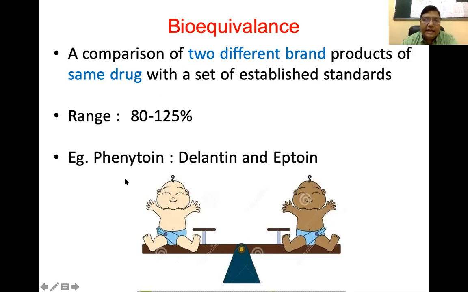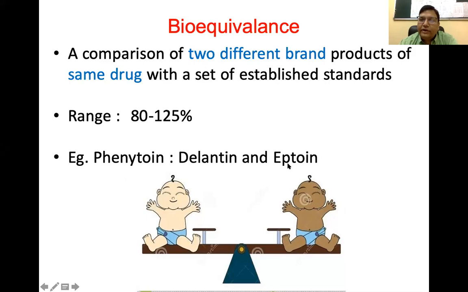And one very classical example of the need for these bioequivalence studies was phenytoin. Some patients were being given Delentine. Phenytoin is used for controlling seizures or epilepsy. They were controlled by giving Delentine, but Eptoin contained a different salt of phenytoin.